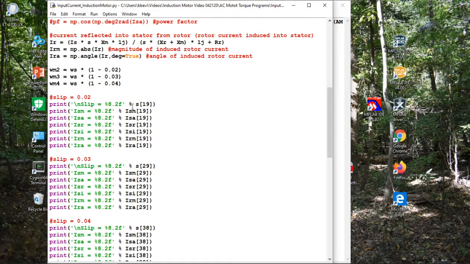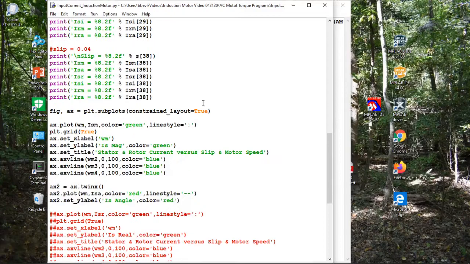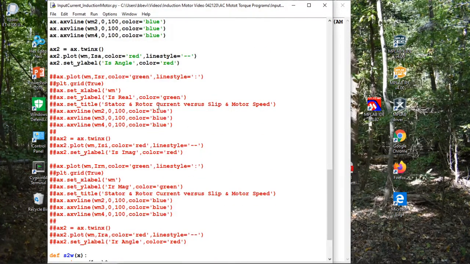We printed out the different values, the stator magnitude and angle and real and imaginary, and then the magnitude and angle of the rotor current for these slips. And so what we'll do is we'll plot this for the stator magnitude and angle first, and then we'll do it for the stator real and imaginary, and then we'll do it for the rotor magnitude and the rotor angle. Okay, so we'll do 3 sets of plots here.